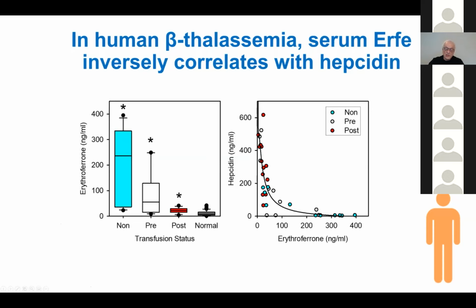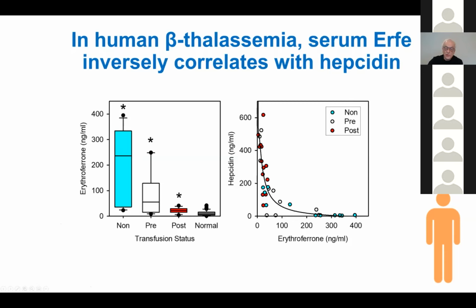So this, again, illustrates that the kind of erythroid factor that was proposed by Clement Finch, that would be responsive to transfusions and very high in thalassemic patients, that this erythroferrone behaves just like that factor that Clement Finch had predicted must exist.